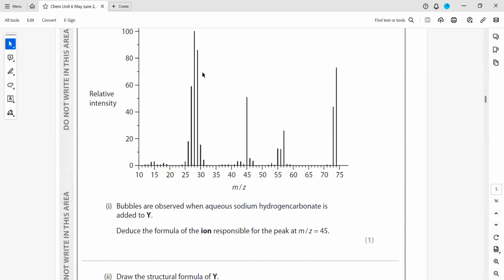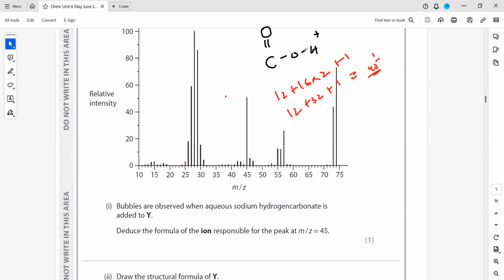This is actually a confirmation, because there's a carboxylic acid, and a carboxylic acid has C double bonded with O and H. In a mass spectrometer we always have positive ions, because we bombard the molecule with electrons, which knocks out an electron, so it always forms a cation. So what is the total mass of this ion? Carbon is 12, plus oxygen is 16 multiplied by 2, plus hydrogen is 1. So 12 plus 32 makes 44, plus 1 is 45.